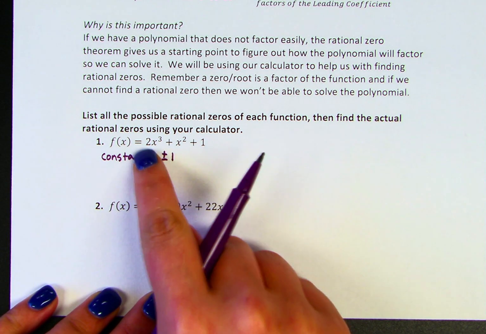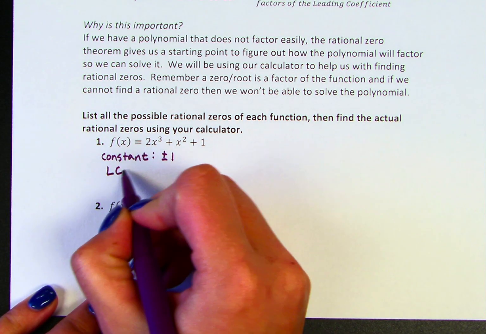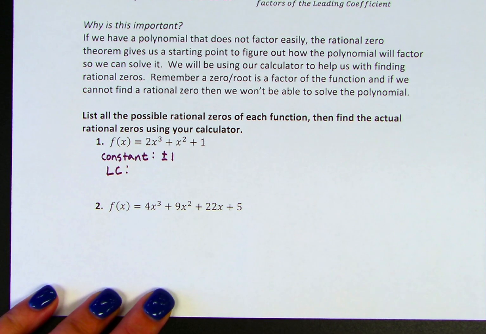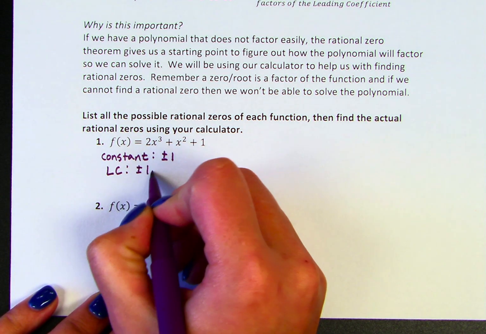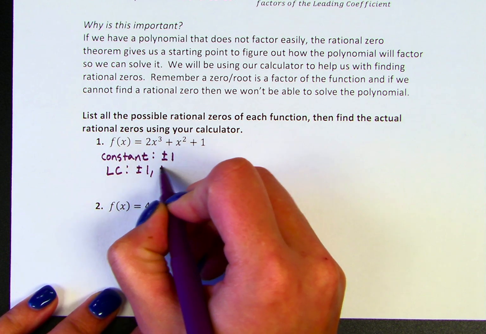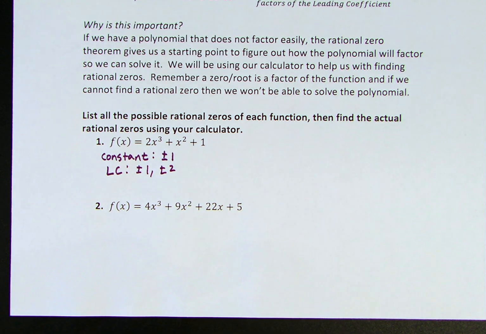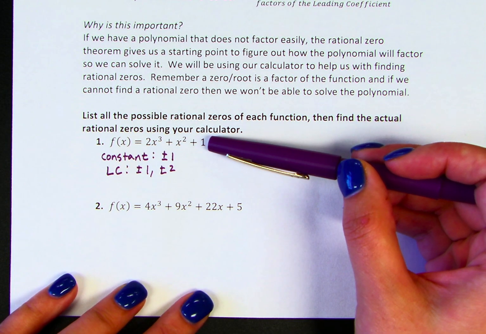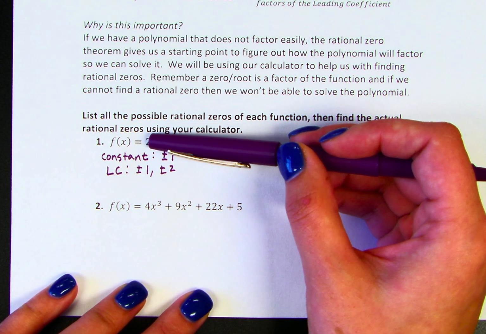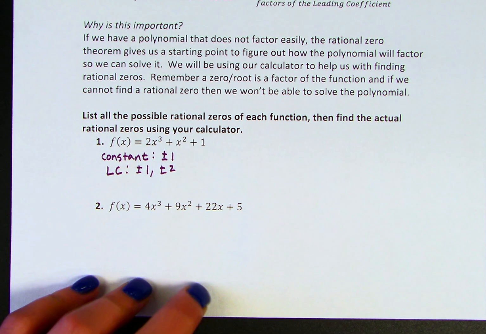And then the 2 is the leading coefficient. So all the combinations that we can multiply together to get 2 would be a +1 and a +2, or a -1 and a -2. So basically what we're doing is coming up with a list of every single number that divides into the constant, and then every single number that evenly divides into our leading coefficient.